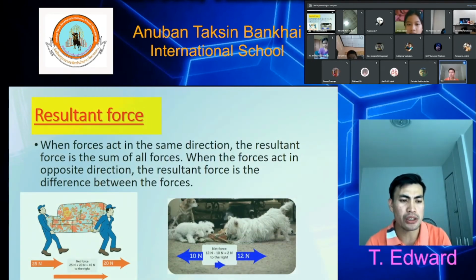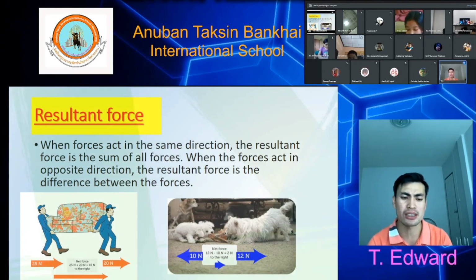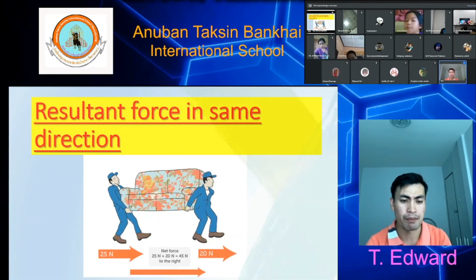Resultant force happens when forces act in the same direction. The resultant force is the sum of all forces. When the forces act in opposite direction, the resultant force is the difference between the forces. Wow, Teacher Edward, I don't understand that. Now, let's go with it one by one. First picture is same direction. Temai, can you see same direction, right?